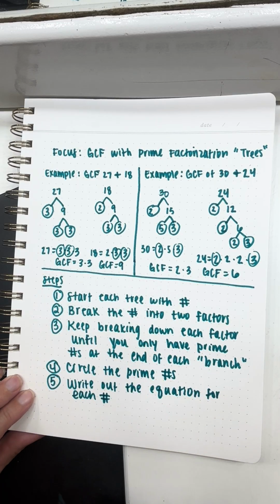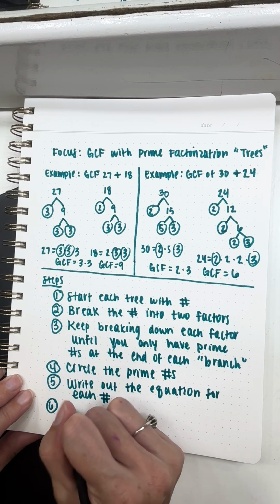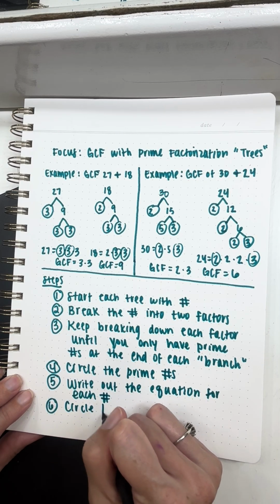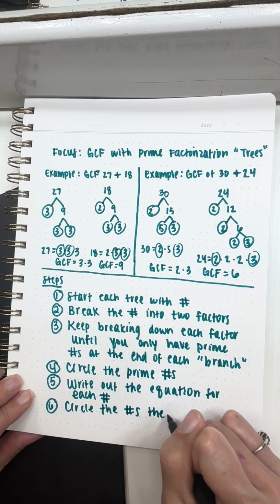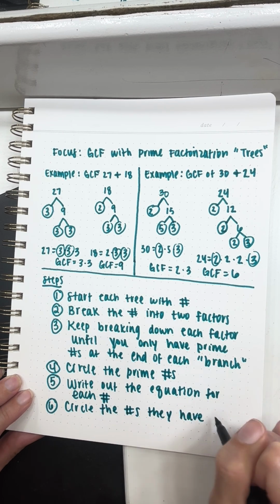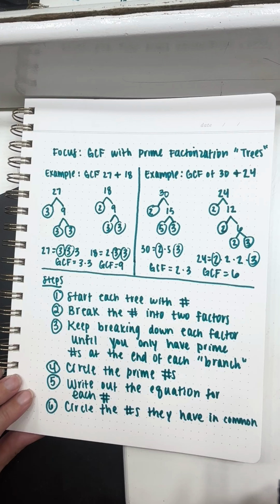We wrote out the equation for each number. Then I circled the numbers they have in common, which are their common prime factors.